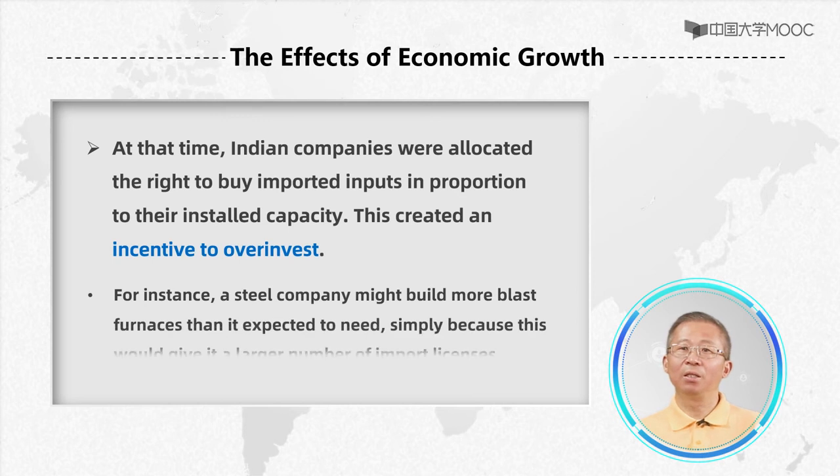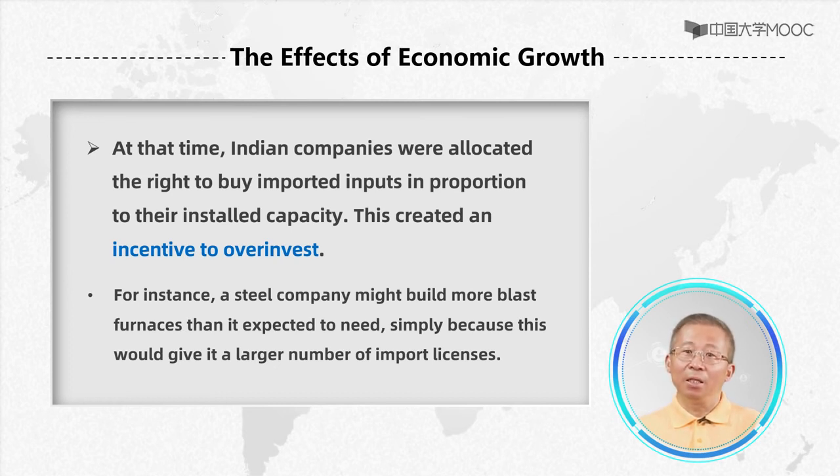For instance, a steel company might build more blast furnaces than it expected to need, simply because this would give it a large number of import licenses. The resources used to build this idle capacity represented a cost of protection over and above the costs shown in Figure 1.